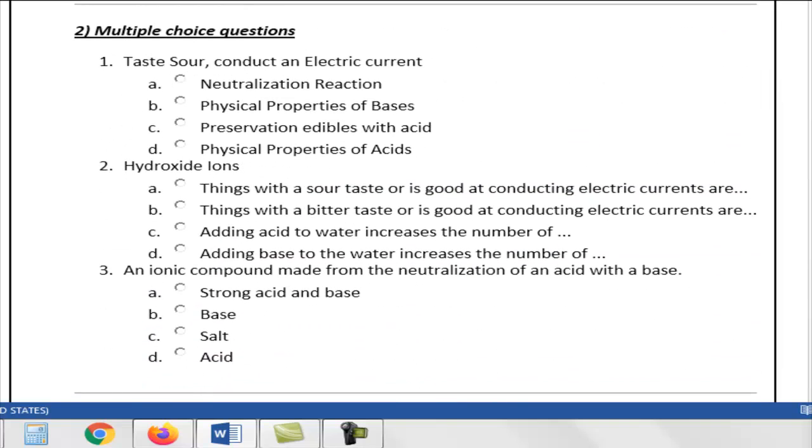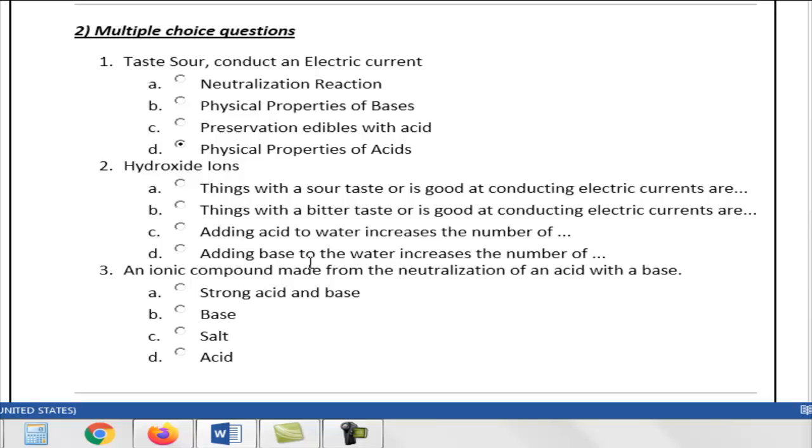Taste sour, conduct an electric current. Which one? Neutralization reaction, physical properties of bases, preservation of edibles with acid, physical properties of acid. So it will be D. Hydroxide ions.